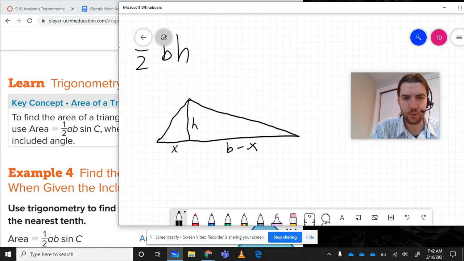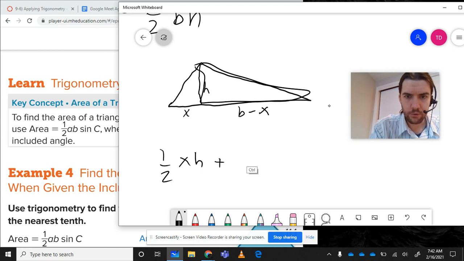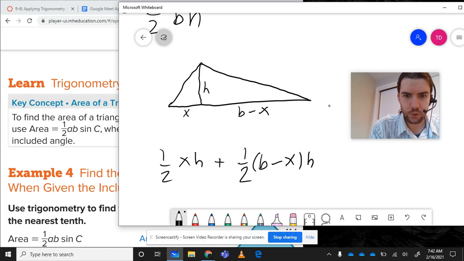And we're going to basically have two right triangles to find where we'd still do 1/2 base times height. So for this right triangle, we would do 1/2 of x times h. And then for this triangle, we would do 1/2 of b minus x times h.